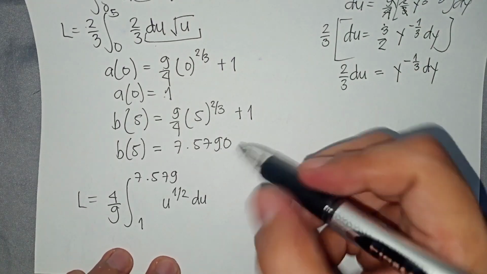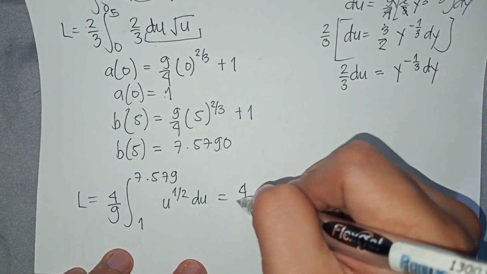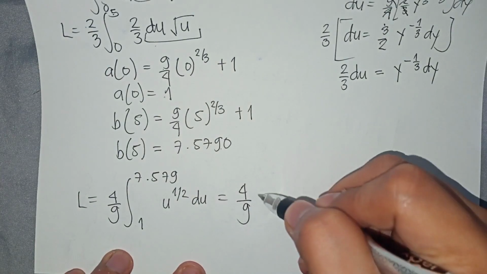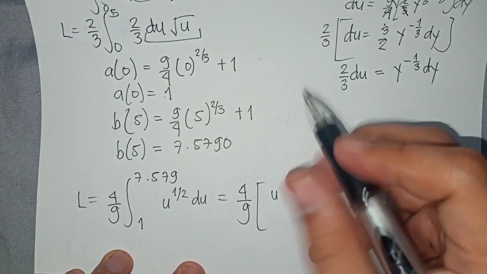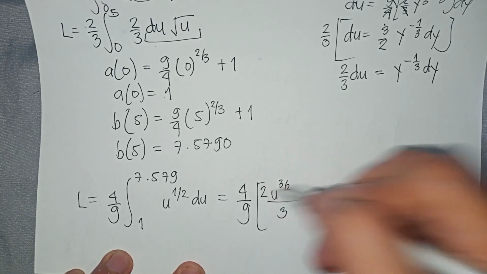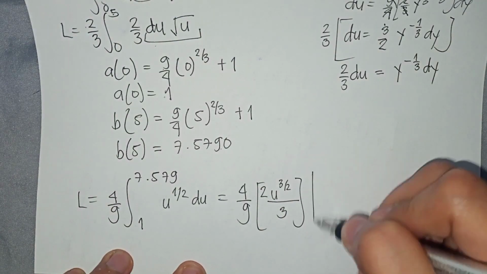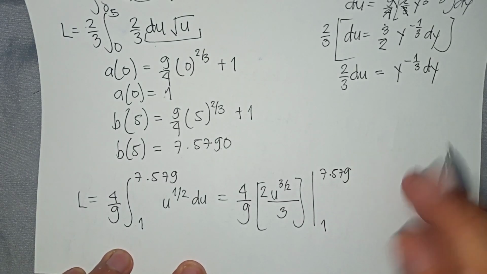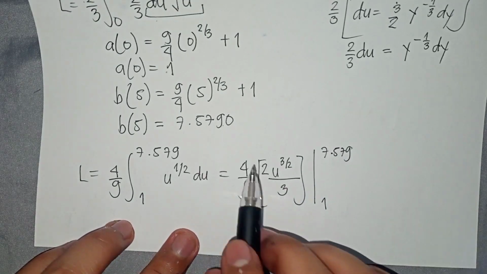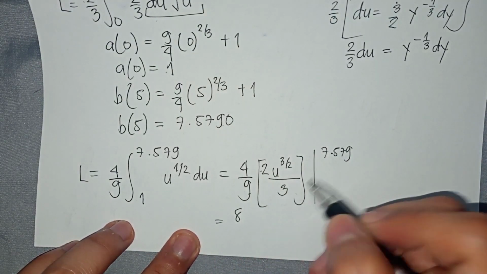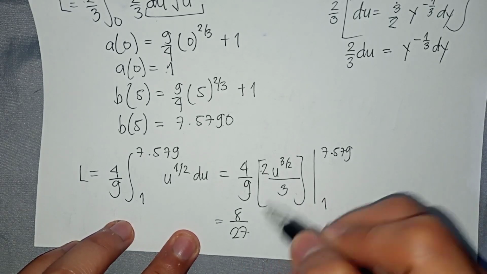Okay? So, ngayon, 4 over 9. Tapos, yung integral nito, yan ay u raised to 3/2 over 3/2 from 1 to 7.579. So, mapapansin nyo, ito, 4 times 2, magiging 8 na ito. Tapos ito, 9 times 3, yan ay 27.